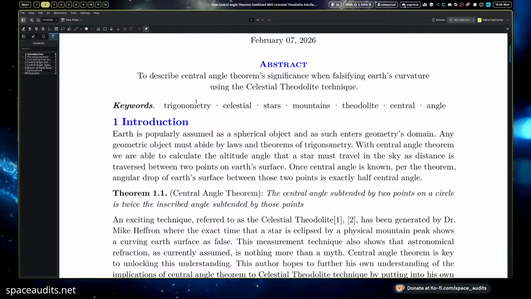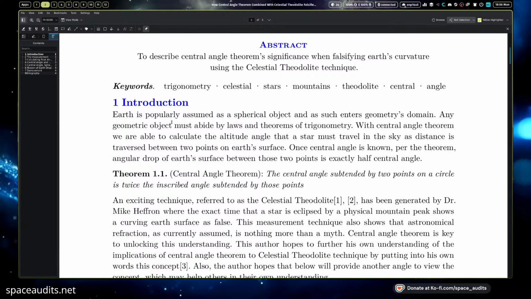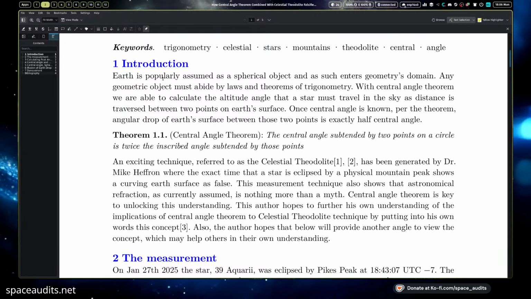So here we go. To describe central angle theorem's significance when falsifying Earth's curvature using the celestial theodolite technique. Introduction. Earth is popularly assumed to be a spherical object, and as such enters the geometry's domain. Any geometric object must abide by the laws and theorems of trigonometry.